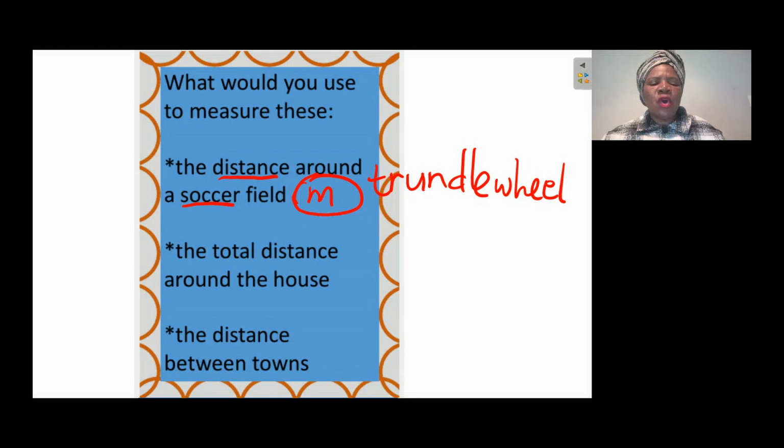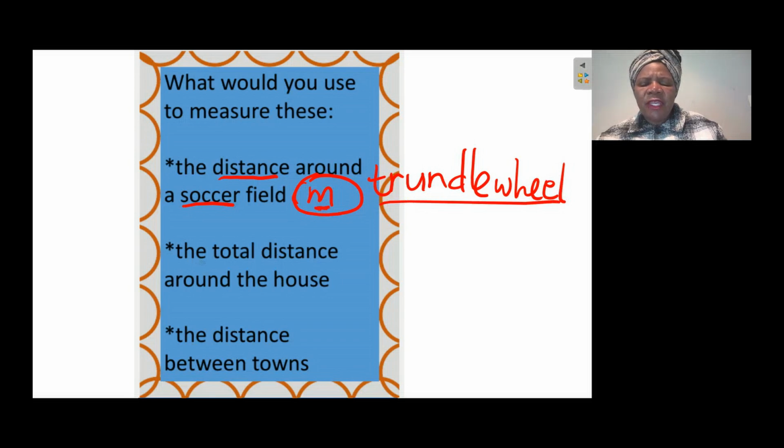Maybe if it is a measuring tape of 50 meters, you open it to 50 meters, and you assist each other to come up with the distance right around a soccer field, but it will take time. The Trundle wheel will be the best instrument here, and you will measure in meters.